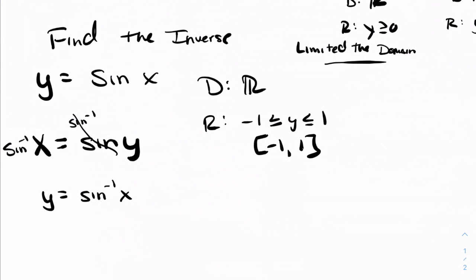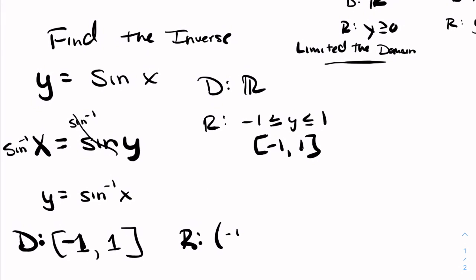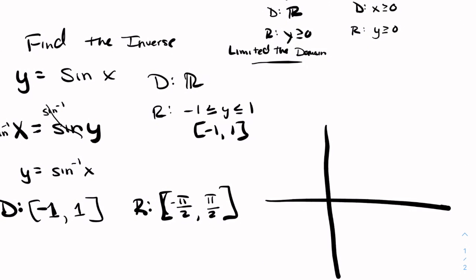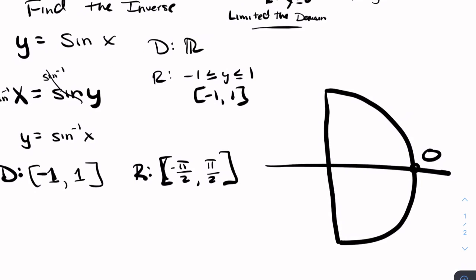So with inverse sine, the domain is -1 to +1, and our range is negative pi over 2 to positive pi over 2. On the unit circle, we are solely looking at the right side of the unit circle with a little asterisk.